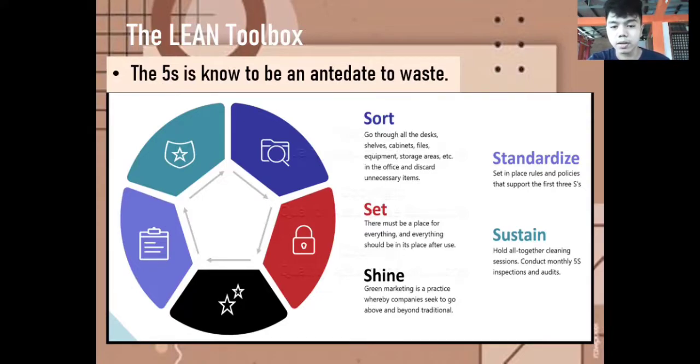Shine: green marketing in practice, whereby companies seek to go above and beyond traditional. Standardize: set in place rules and policies that support the first three S. Sustain: hold all together cleaning sessions, conduct monthly 5S inspections and audits.